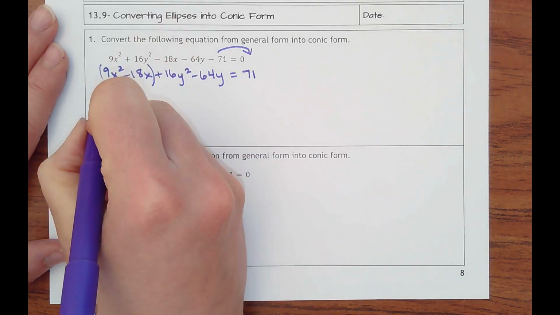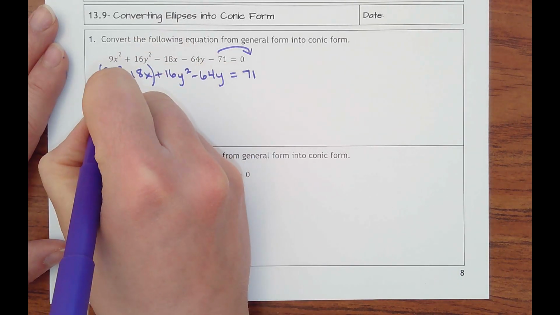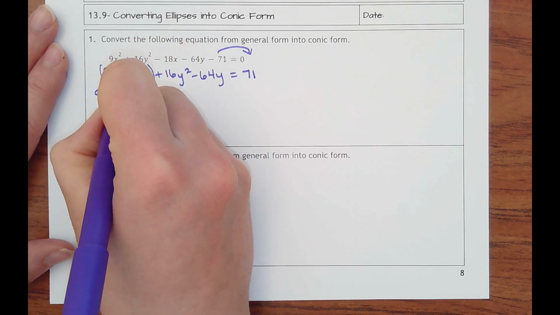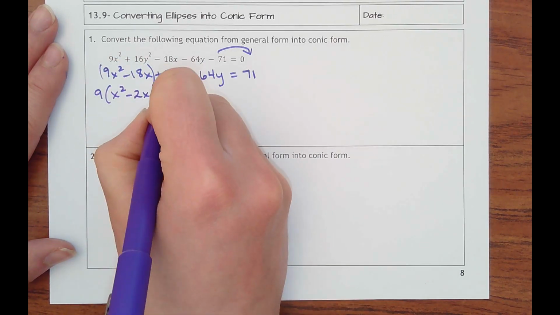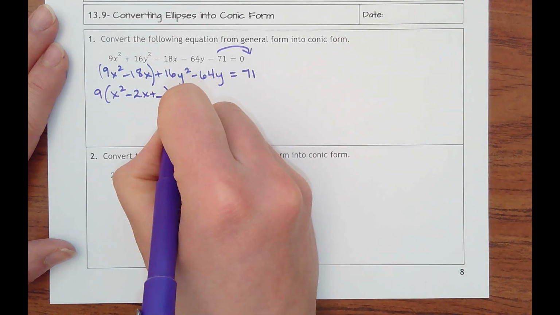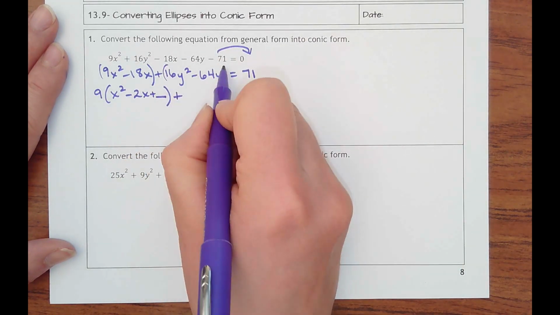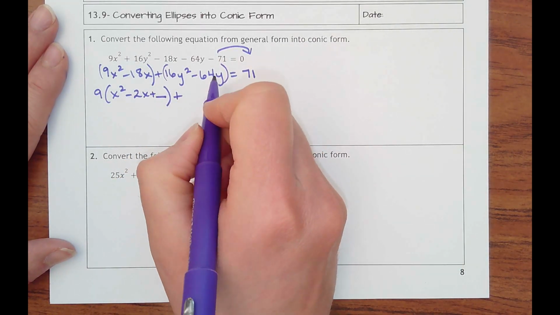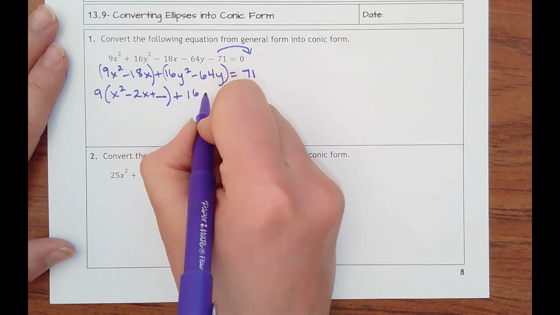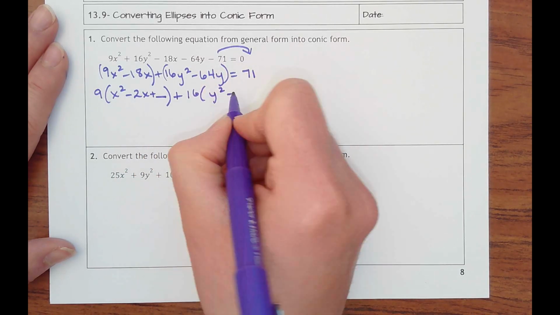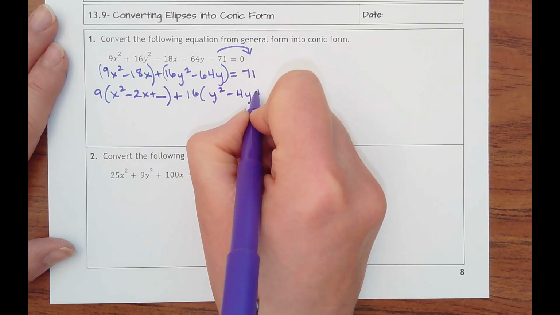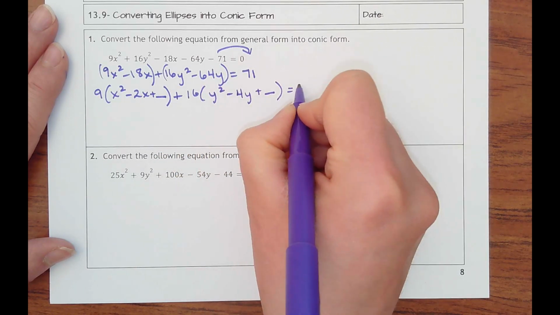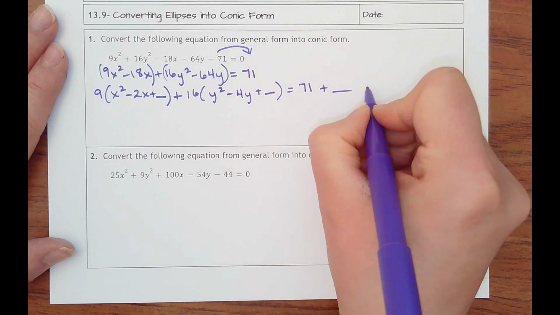So we're going to actually factor out a 9, and then we're going to have times x squared minus 2x, and then you could go ahead and put your plus blank. And then bring down your plus. Same thing here. We're not taking out a y, but we're going to take out a 16 and have y squared minus 16 goes into 64 4 times plus blank equals 71 plus blank plus blank.